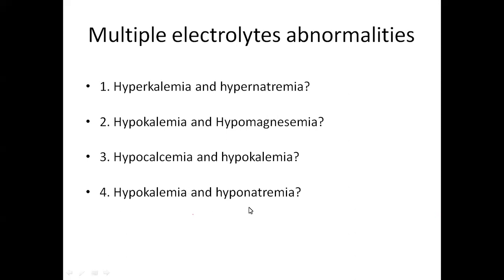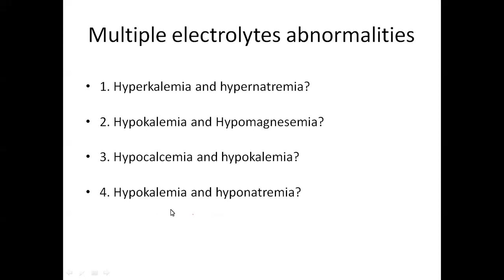What is the relation between potassium and sodium in the cell? Where is potassium high, inside or outside the cell? Where is sodium high? Potassium inside the cell is high. Sodium outside the cell is high.